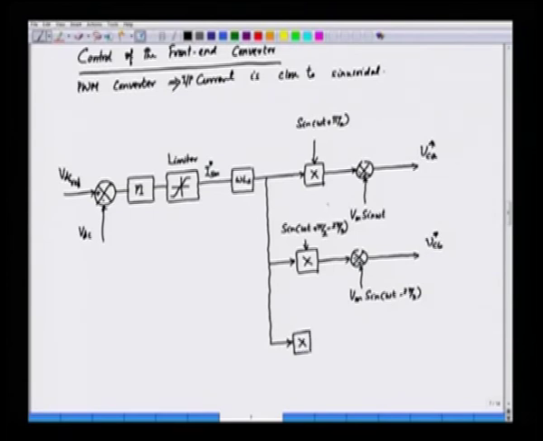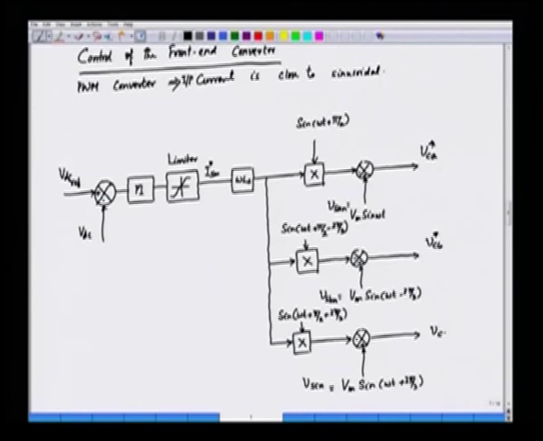In fact, these voltages are VsAN and this is VsBN, the source voltages, and similarly we have the phase C, we multiply with sin(omega t plus pi by 2 plus 2 pi by 3) phase shift, and then we have this voltage VsCN equal to Vm sin(omega t plus 2 pi by 3), and what you obtain here is VCC star.